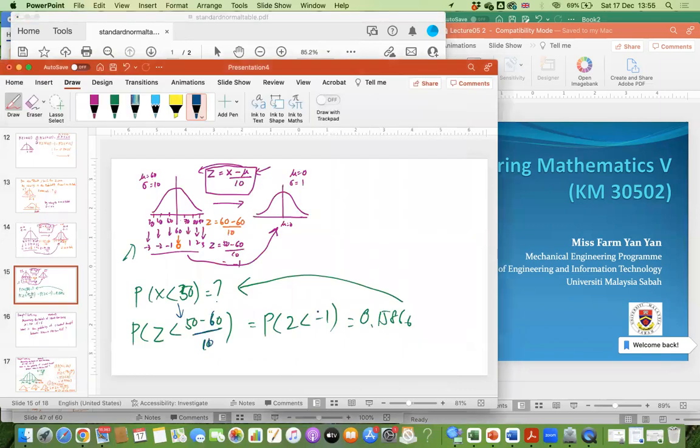Can you see that? You can draw it out also. So the percentage of students who get less than 50 is 0.15866. I converted 50 into the standard normal distribution, which is -1. So the shaded area here and the shaded area here should be the same. You understand what I mean?